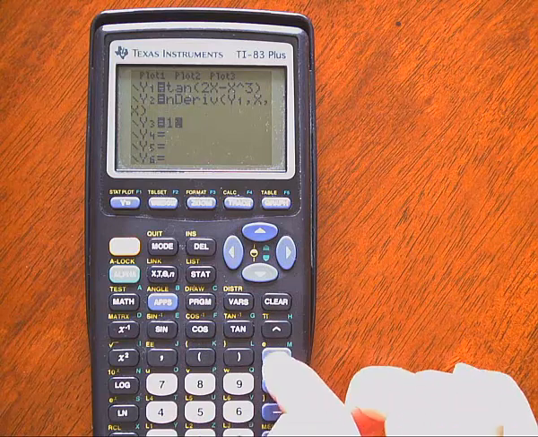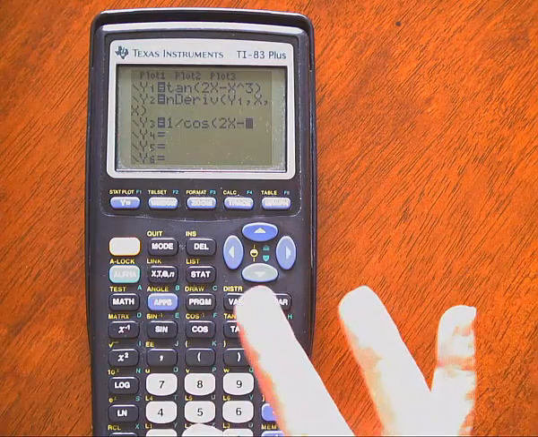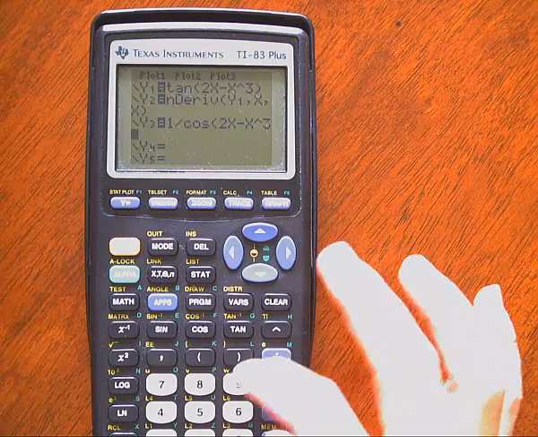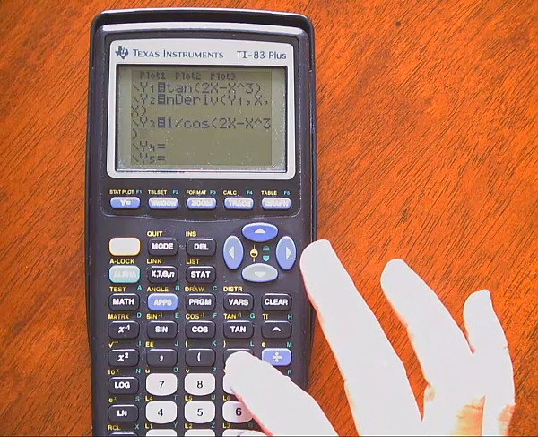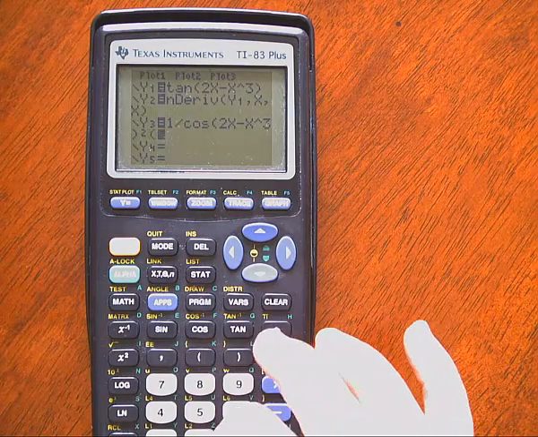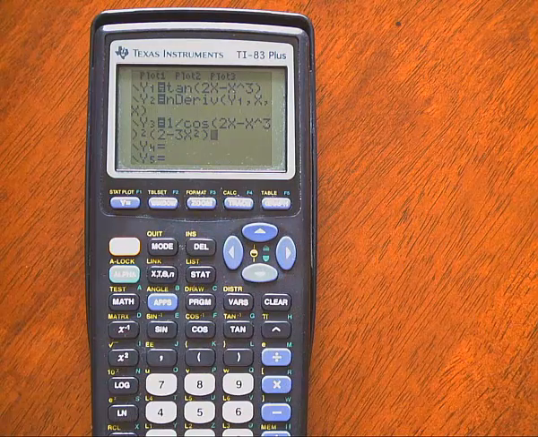So I'll do 1 over cosine of 2x minus x to the 3rd. And then that whole thing squared. So that's secant squared times 2 minus 3x squared. That's my answer.